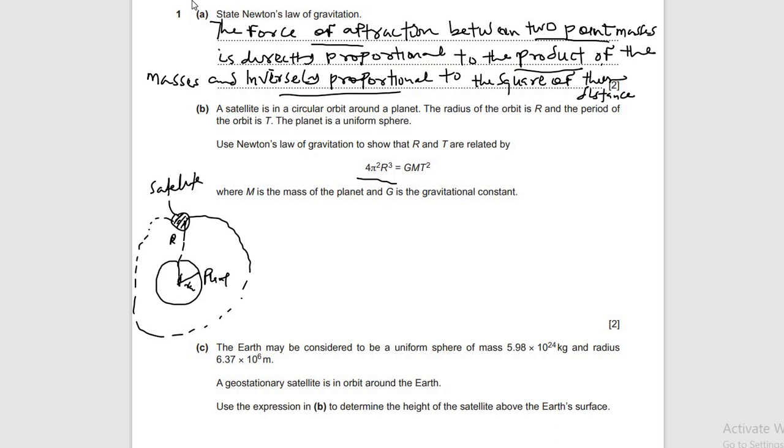We are asked to show, using the law of gravitation, that these quantities are related. In this question, we have two bodies interacting, the satellite and the planet, so there will be a force of attraction.